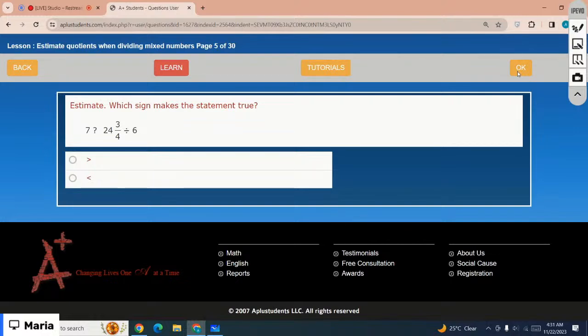So 24 divided by 6 is 4. So 7 is greater than 4.